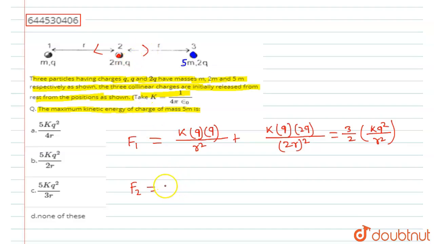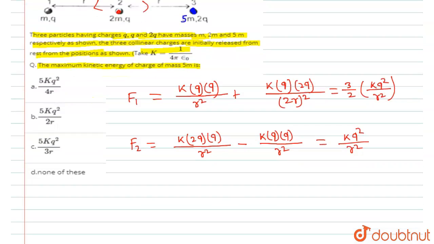So F2 is equal to K into 2Q into Q divided by R square, minus the force due to the first particle, KQ into Q divided by R square. After solving this, we will get KQ square divided by R square.